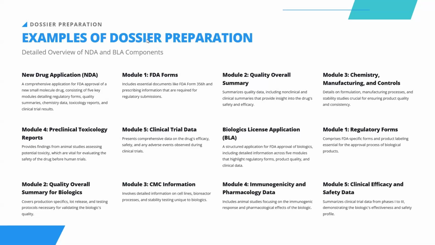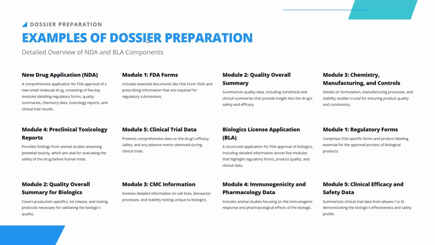In module 2, you will have to summarize quality data, including non-clinical and clinical summaries that provide insights into the drug safety and efficacy. In module 3, details on the formulation, manufacturing processes, and stability studies crucial for ensuring product quality and consistency need to be submitted. In module 4, you have to submit your preclinical toxicology reports, and in module 5, you have to submit your clinical trial data.